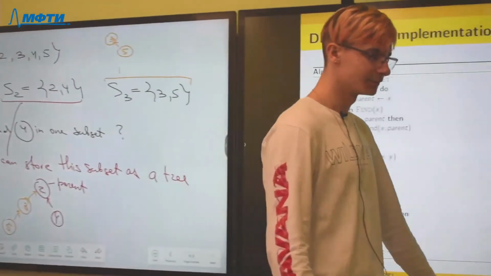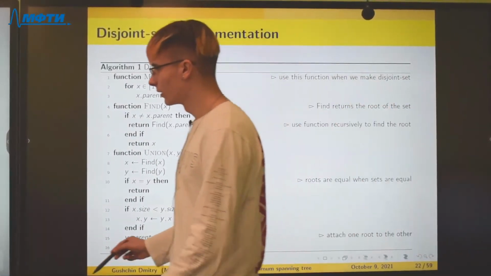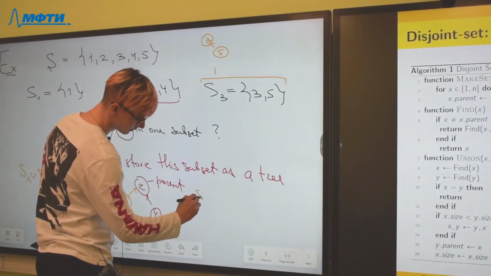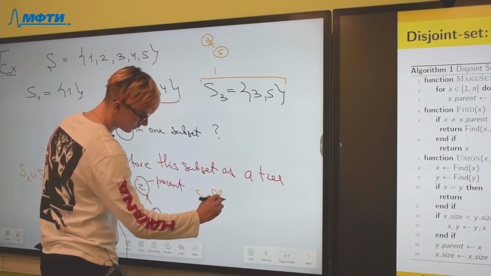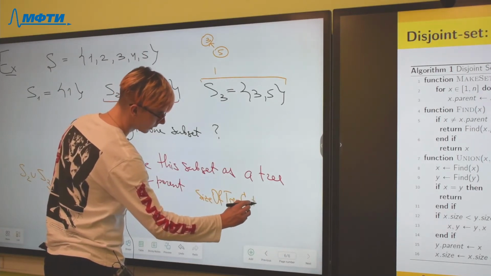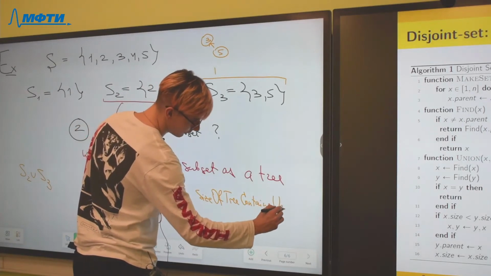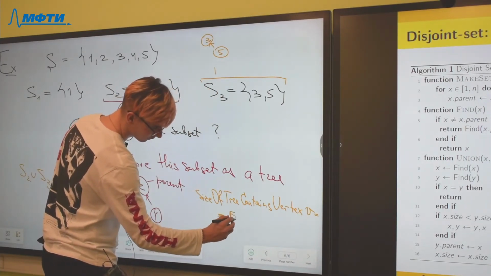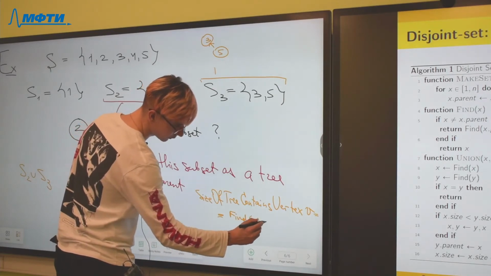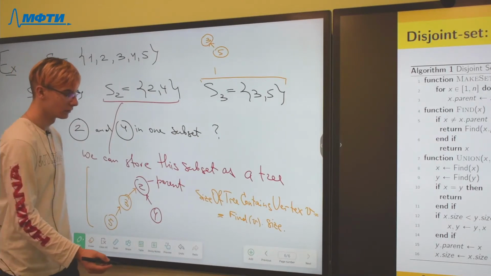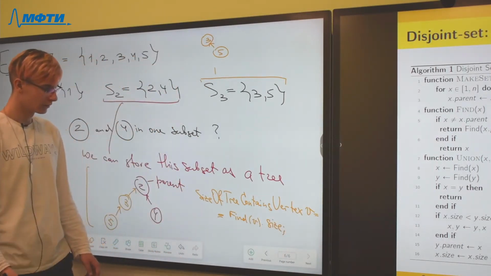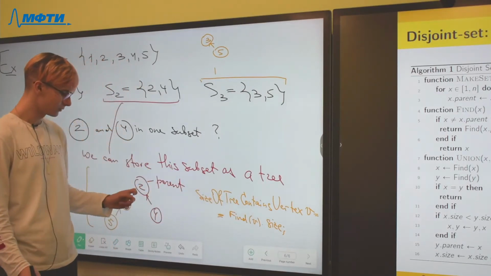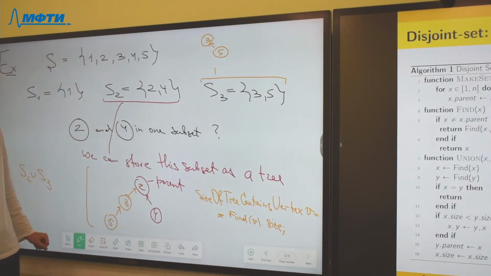So for example, to ask what is the size of the tree that contains vertex v, it will be equal to find of v, and take the size from the parent, or root, of this tree.